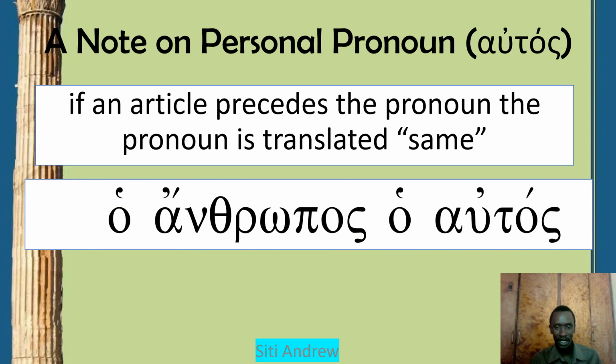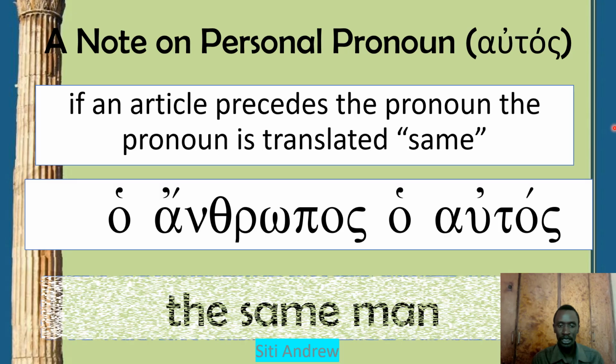And look at this translation when you say ho anthropos ho autos. So you see that this article here is preceding this pronoun, and therefore the pronoun here will not be translated as he, it will be translated as the same.